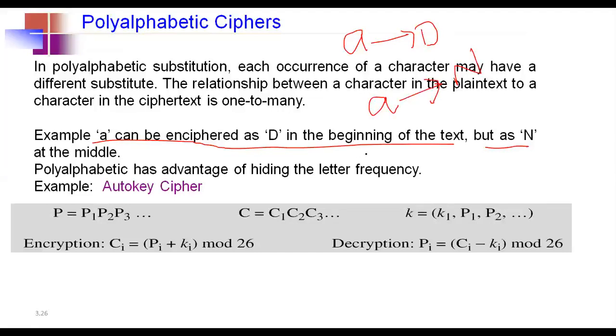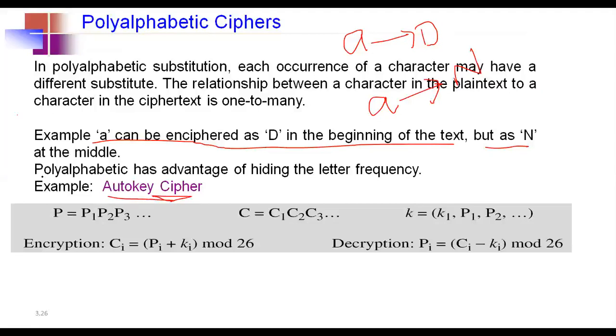That means one character is mapped with more than one character. That's why it is called polyalphabetic cipher. One of the examples of polyalphabetic cipher is the autokey cipher.